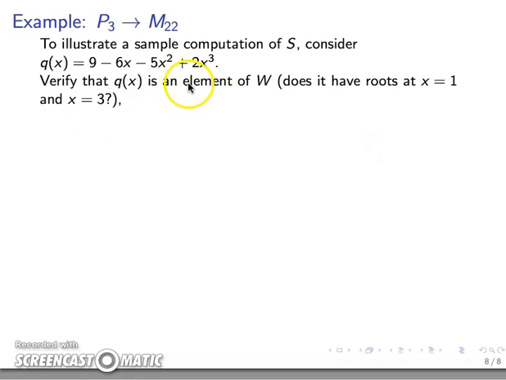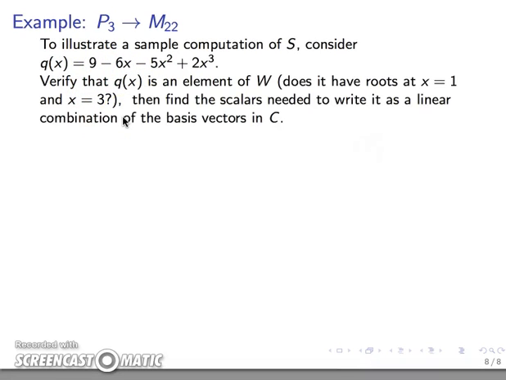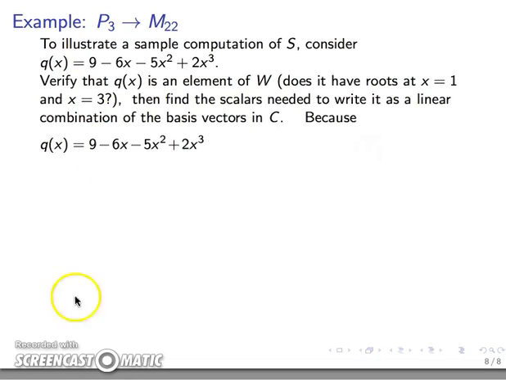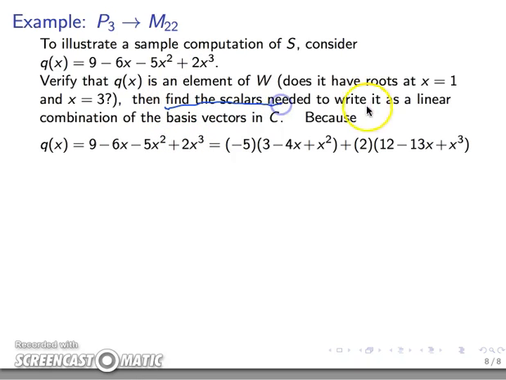You can verify that both 1 and 3 are roots of this third degree polynomial. Finding the scalars that allow writing Q as a linear combination of the basis vectors is key here.